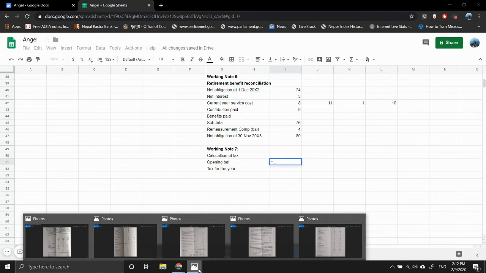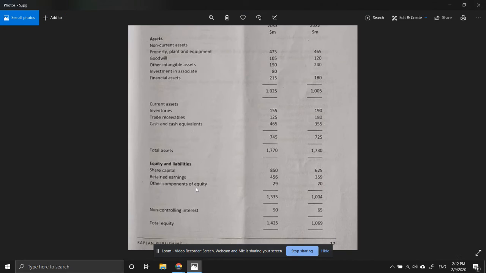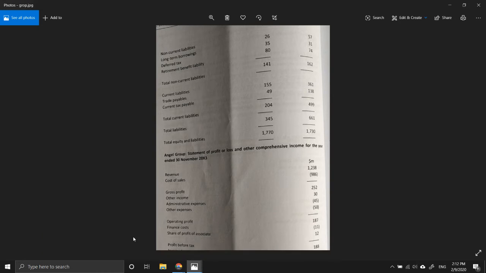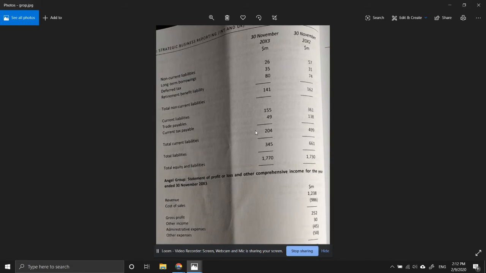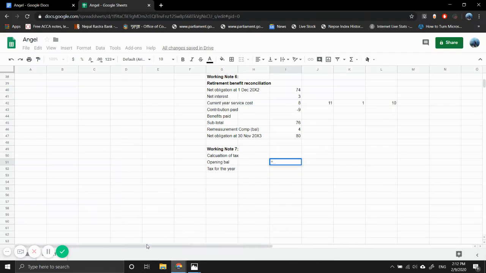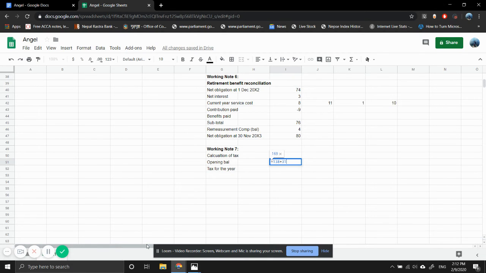Opening balance was, let's add two figures up. Opening balance, where is tax? 138 and 31. 138 plus 31, right?